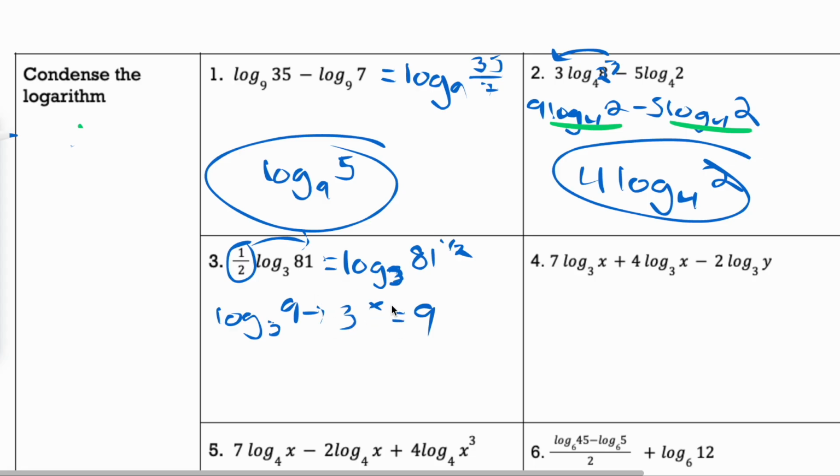So what is this x? 3 to what power equals 9? x is just going to be equal to 2. So this entire thing just equates to 2. That's pretty simple.